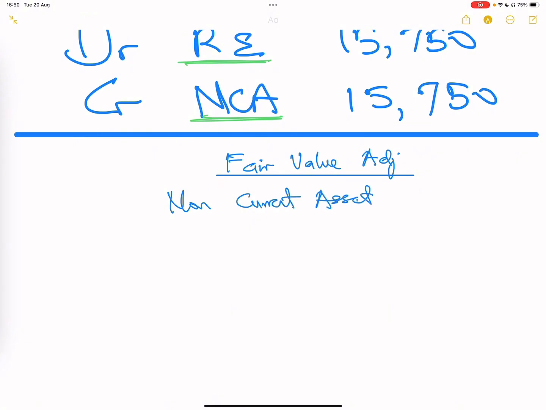And why are we talking about non-current asset, or why are we even talking about this fair value adjustment?